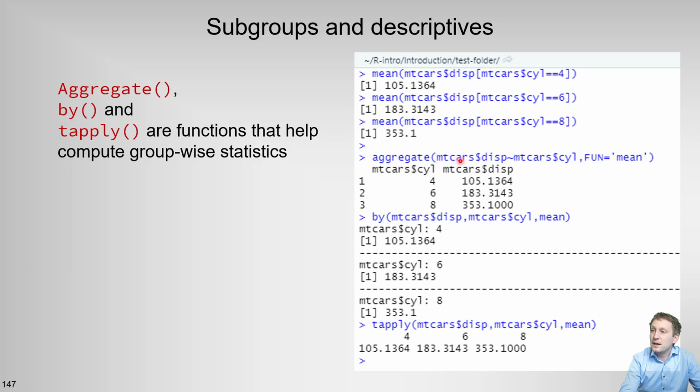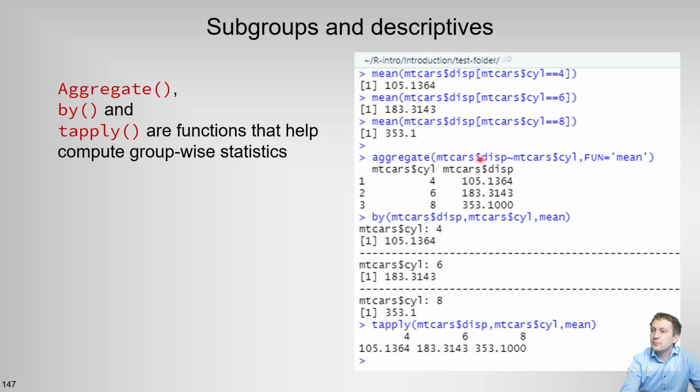You write mtcars$disp, the variable that you want to compute the mean for, and then you type in tilde mtcars$cyl. So it's disp tilde cylinder. You want to split displacement by number of cylinders, and then aggregate that using the mean function. You have to be explicit about the argument FUN, in capital letters, and then say that you want the mean.